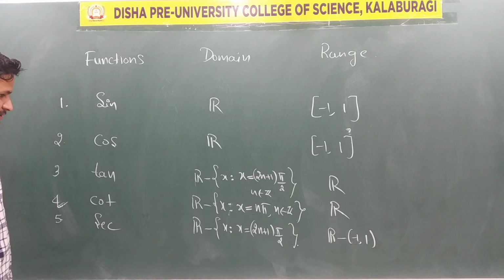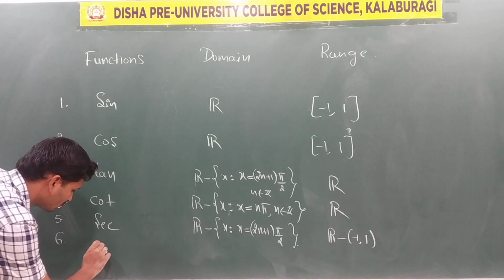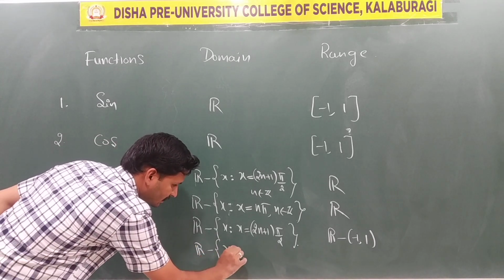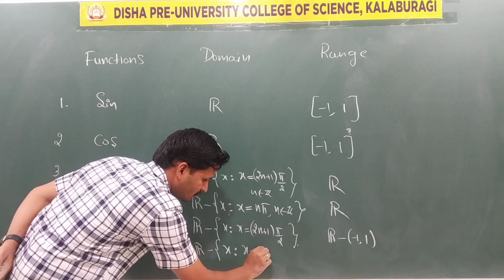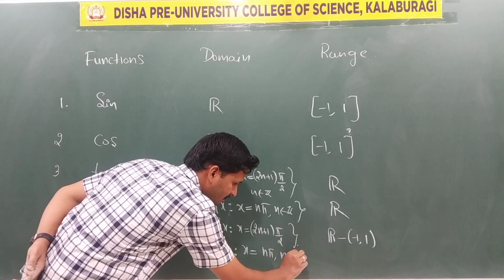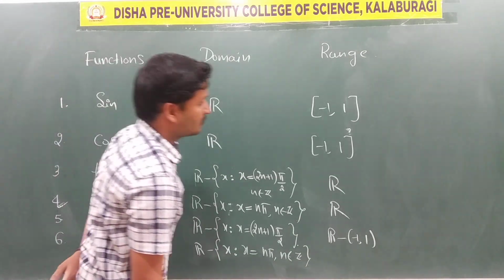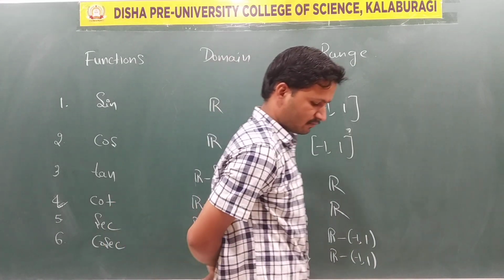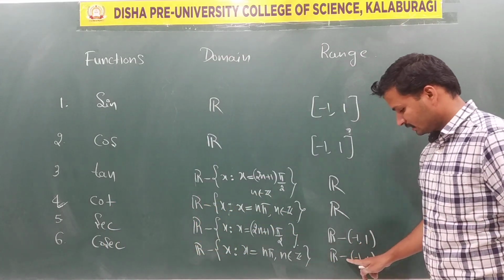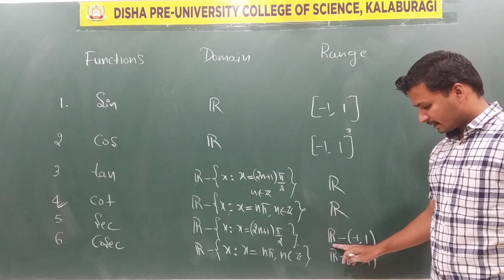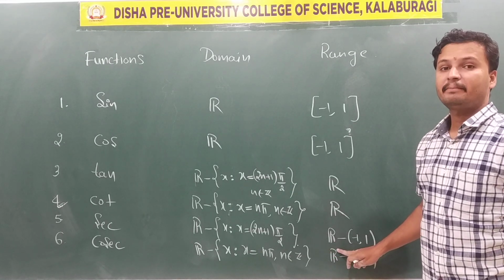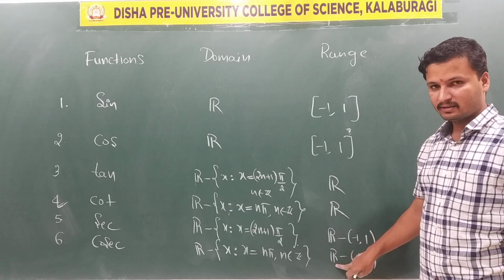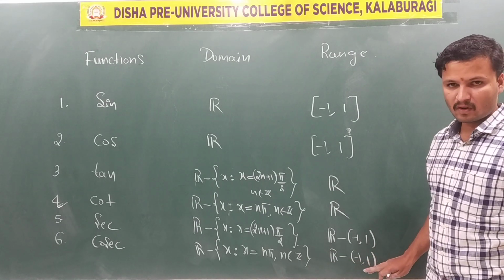And lastly, the sixth one, cosec, whose domain is R minus {x}, where x equals nπ, n an integer, and whose range is R minus the open interval (−1, 1). That means the values in the open interval −1 to 1 are not included in the range.